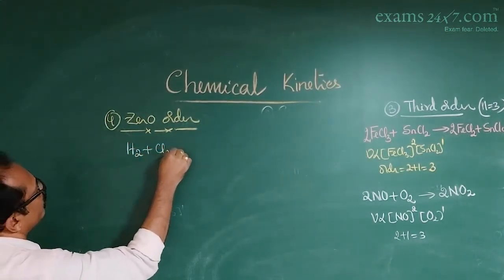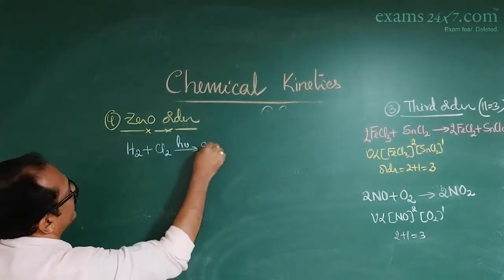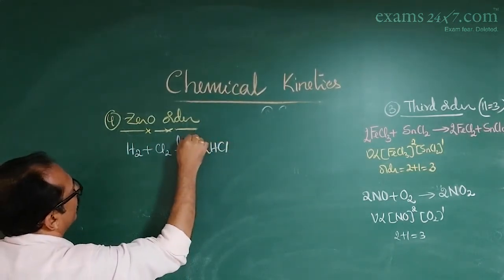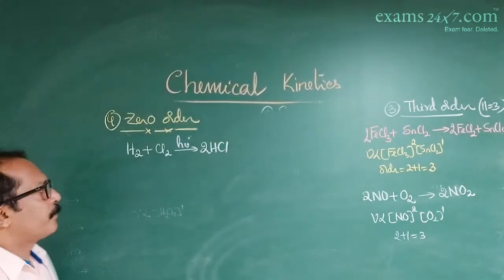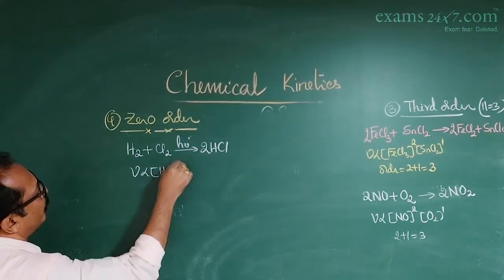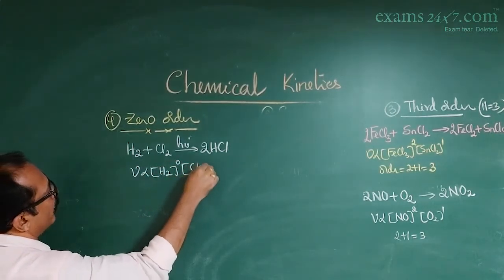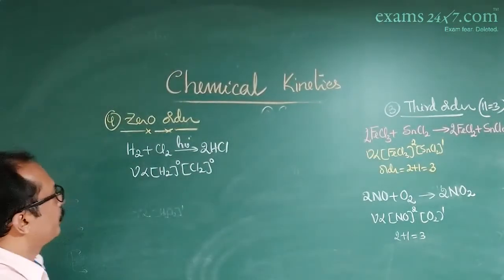Hydrogen reacts with chlorine in the presence of sunlight and moisture to give HCl. So this reaction depends on sunlight and moisture. Therefore, the rate law is given like this. It is independent of the molar concentration of reactant. Therefore, it is called a zero order reaction.